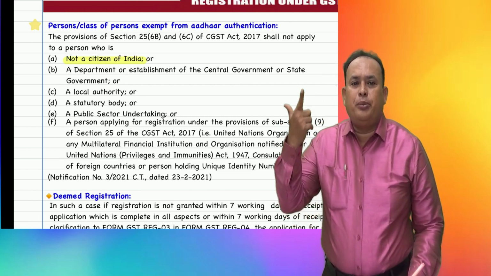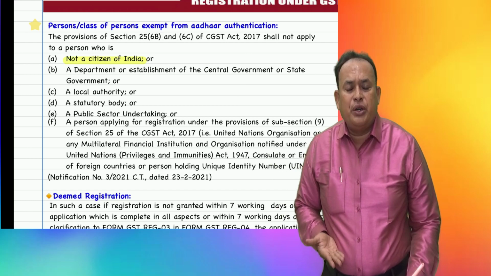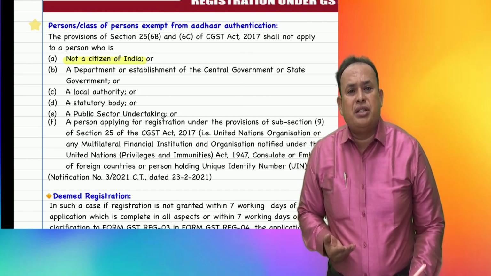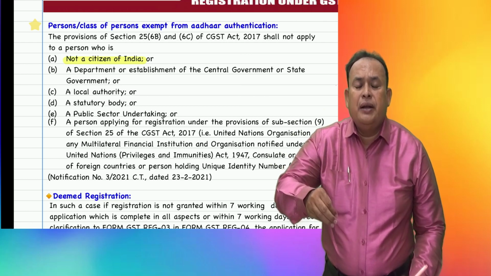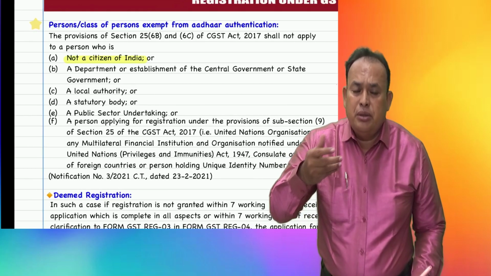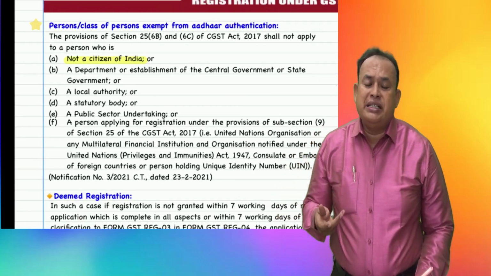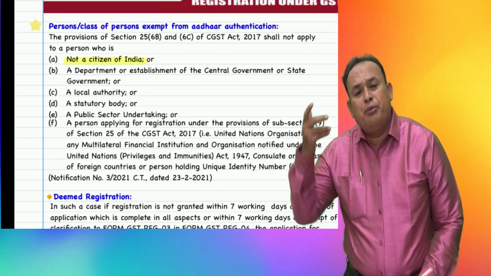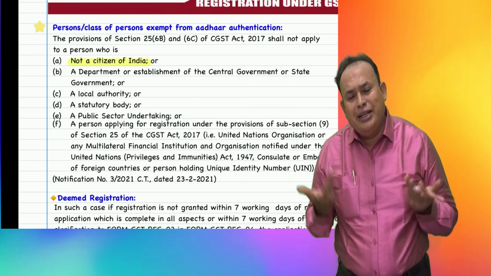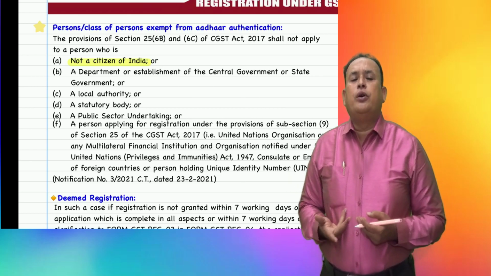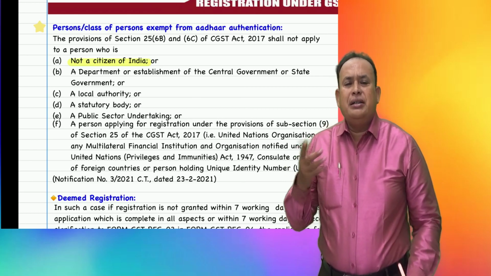As I told you in the earlier session, a non-resident taxable person has to be mandatorily registered in GST if he wants to carry out a taxable supply of goods or services in India, with a valid passport. In that case, he won't have any PAN number or any Aadhaar authentication. Therefore, for them, it is not required.